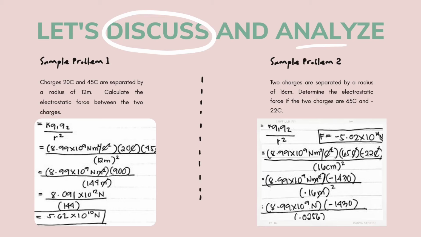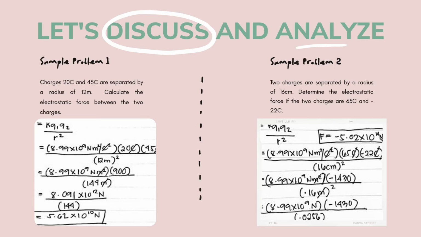So first, let's write the formula. Then we will substitute the values. K is the constant, and Q1 and Q2 are 20 and 45. And the radius of separation is 12 meters.